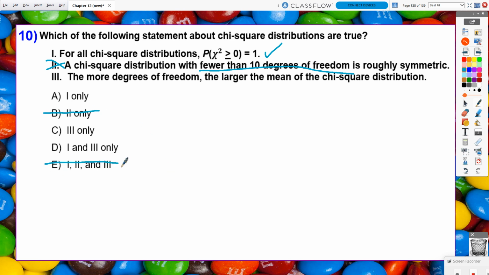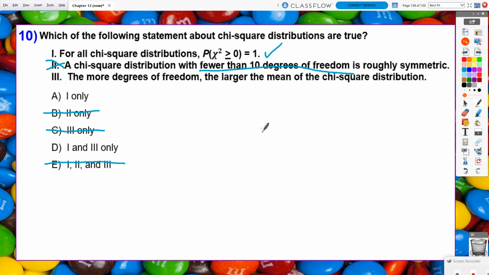We know E is not going to be the correct option. So now it really boils down to option 3. Either the answer is going to be A or the answer is going to be D, which again, I guess we can go ahead and cross off C. We know it's not 3 only if 1 definitely works out. So let's see, option 3, the more degrees of freedom, the larger the mean of the chi-square distribution.